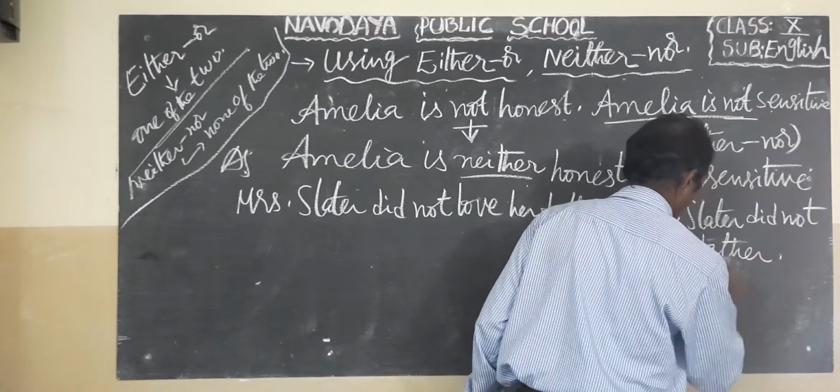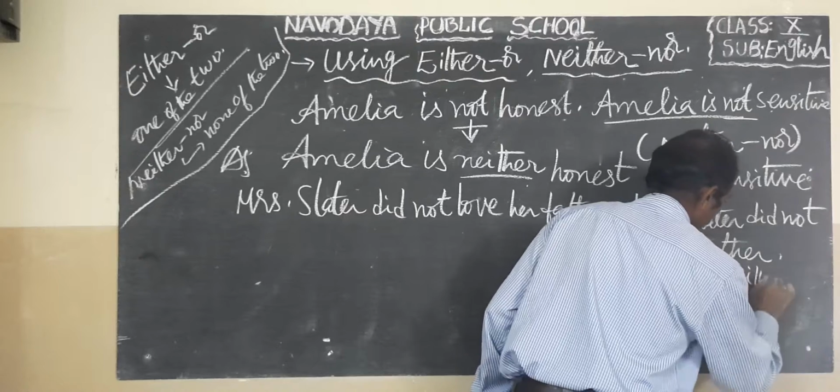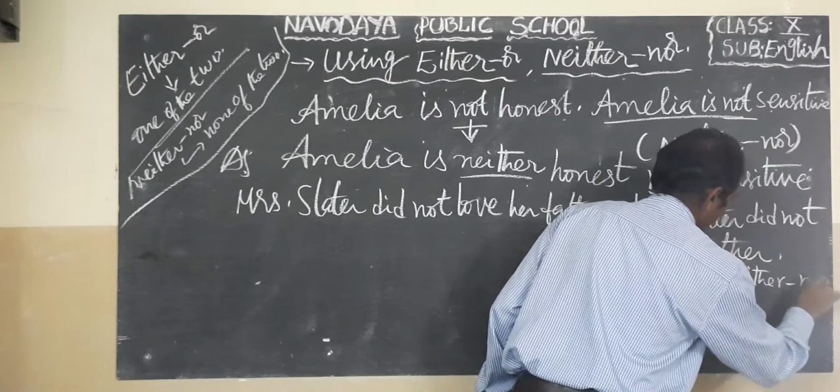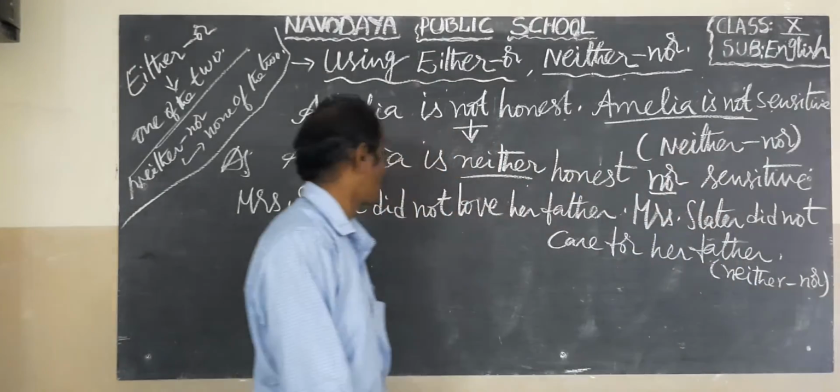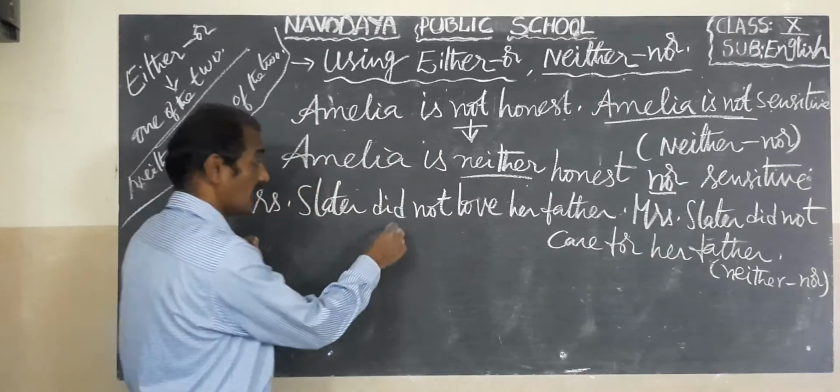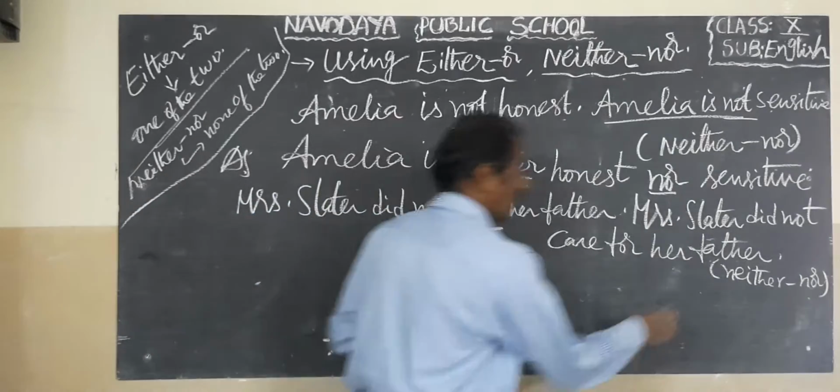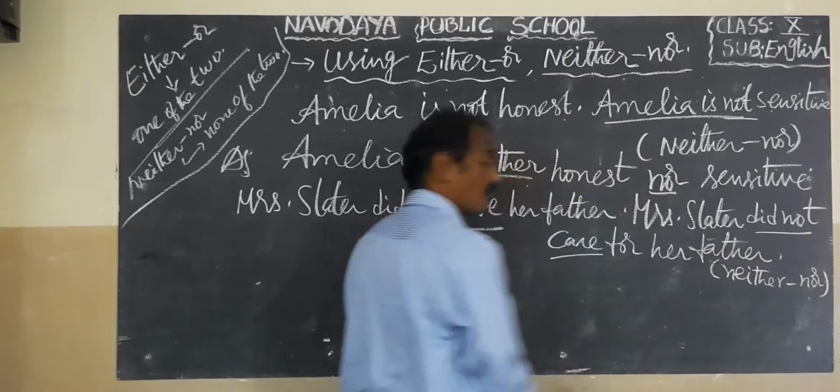So using neither nor. Children, see that here is did not love, here is did not care.